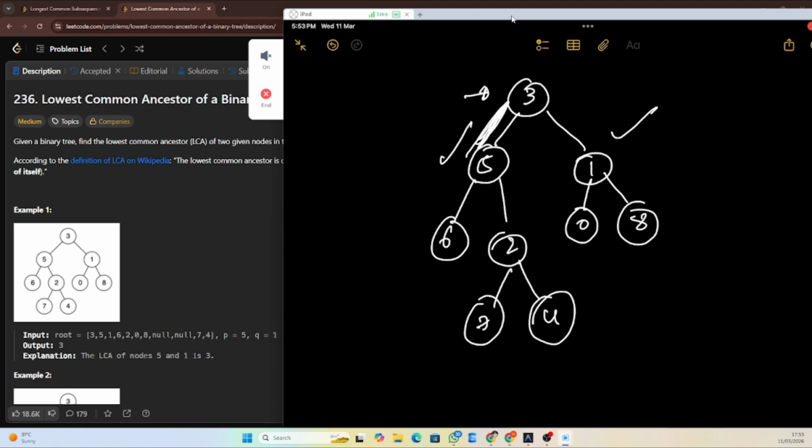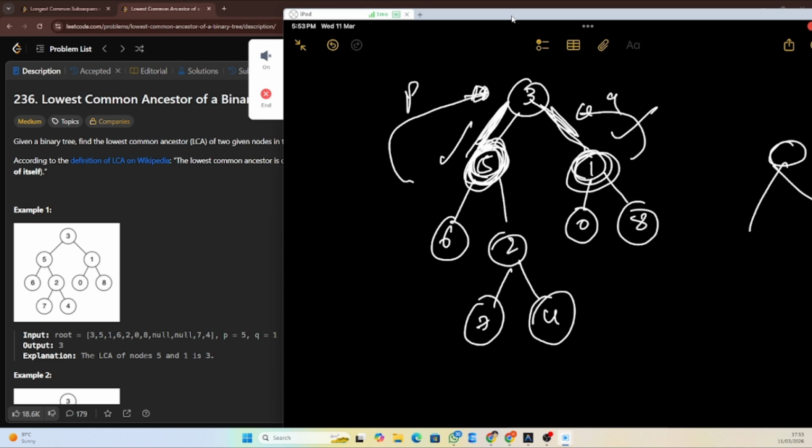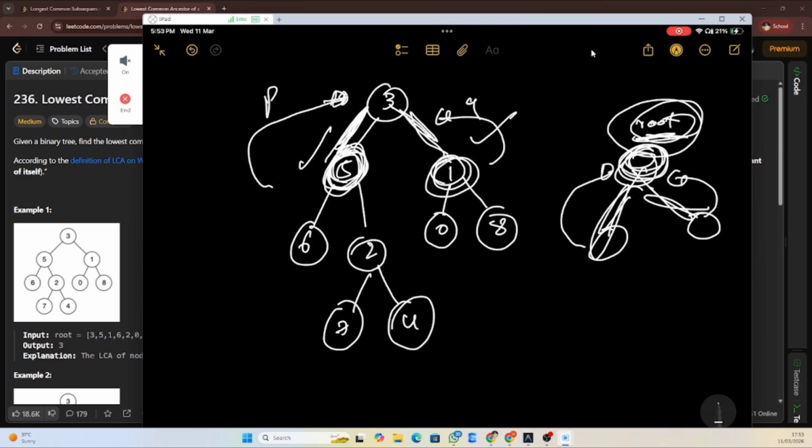You go and search for P or Q. You found something, you can name it P, and you go left. You found Q. Now what's the lowest common ancestor for it? The answer is root. The left and right are not null, so they will meet here. That's the root. Thanks.